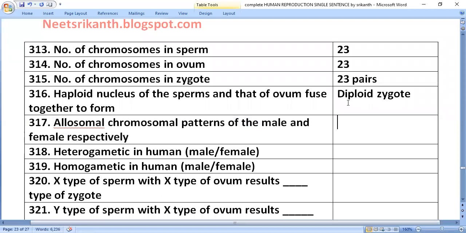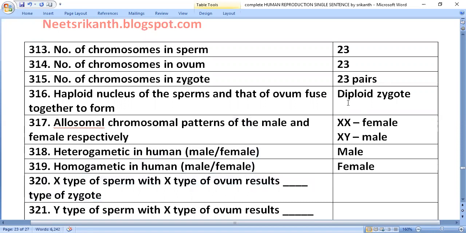Allosomal chromosomal patterns of the female and male respectively: XX, that is female, and XY, that is male. In humans, the male is heterogametic and the female is homogametic, with one type of gamete.